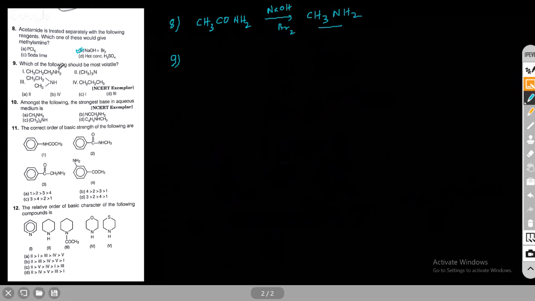In tertiary amine, there is no hydrogen bonding, and that is also true in the case of hydrocarbon. In CH3CH2CH3 also, there is no hydrogen bonding.